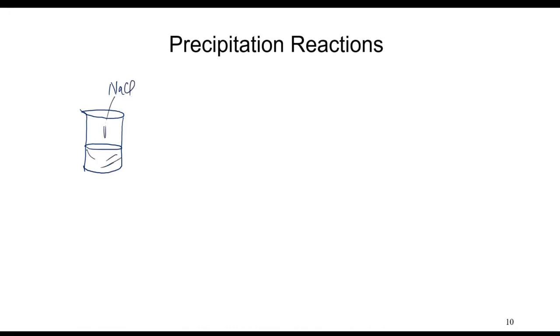I prepare NaCl solution, and in another beaker I prepare AgNO3 solution, silver nitrate, AgNO3 solution. Okay, now we have two solutions. After preparing these two solutions, I mix them.